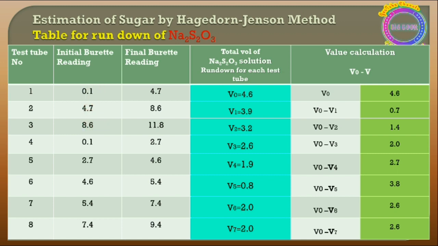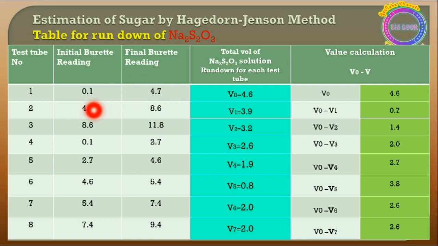After the run down of the solution and getting the result in that particular test tube or conical flask, as we have discussed in the procedure of this lab practical, after the run down of the sodium thiosulfate and the conversion of the blue liquid to colorless, whatever volume has been used in the burette, that final burette reading for the test tube will be considered. So this will be the initial burette reading and this will be the final burette reading.